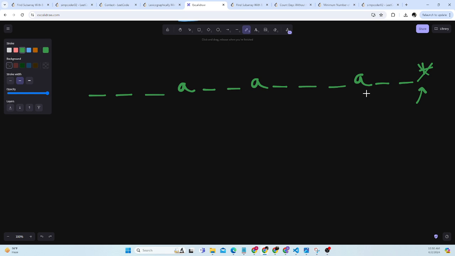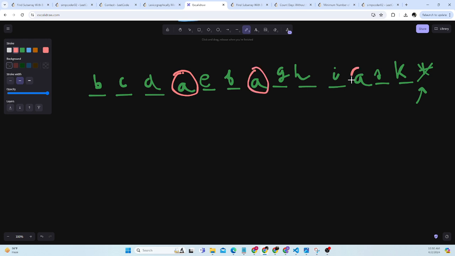Let's say for simplicity we keep all the other characters as B, C, D, E, F, G, H, I, J, and K. We can remove this particular A, this particular A, or this particular A. Now, which A should we remove?